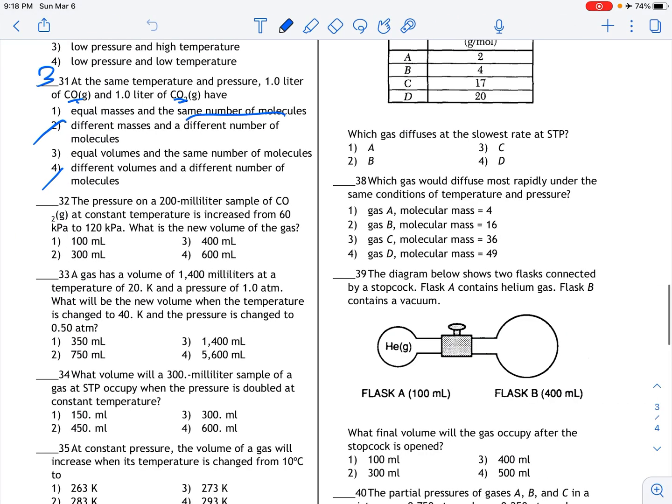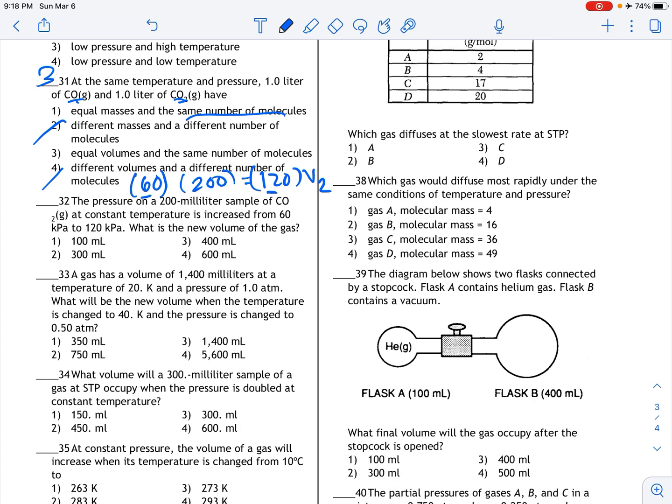So it says 200 milliliters, and it's at 60 kilopascal. And now it's at 120 kilopascal, and I don't know the new volume. So there are 2 ways to do this. One, you just plug it into your calculator, totally just algebra. The other is, take a look at what happened to the pressure.